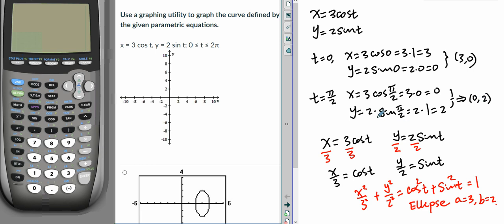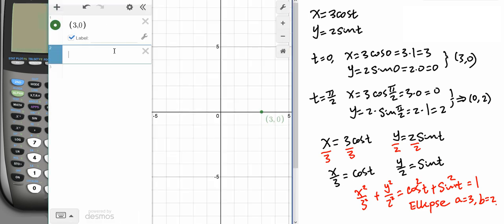But the y coordinate is 2 times sine pi over 2. Sine pi over 2 is 1. 2 times 1 is 2. So when t is pi over 2, you get x coordinate 0, y coordinate 2. And then in Desmos, you can input (0, 2).